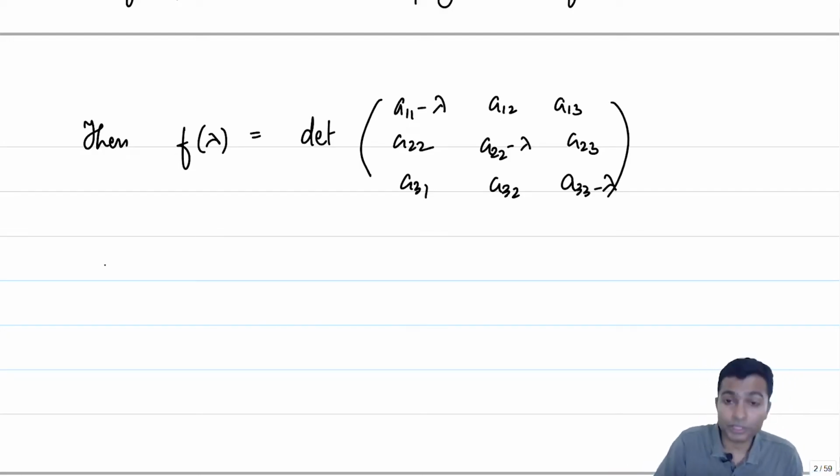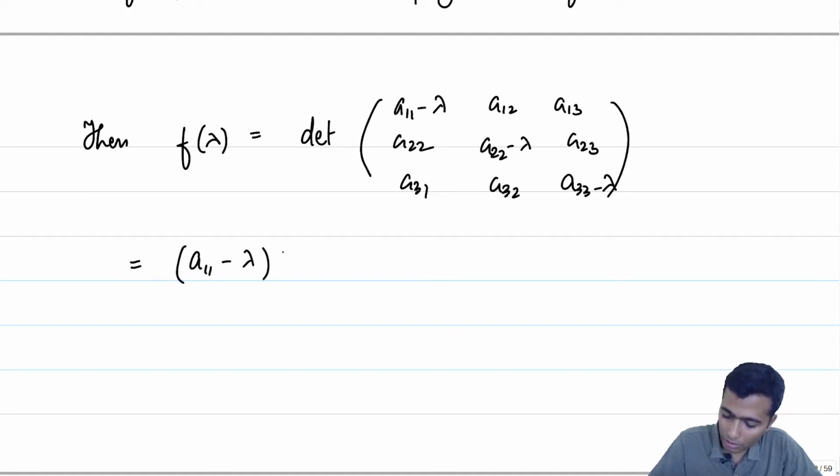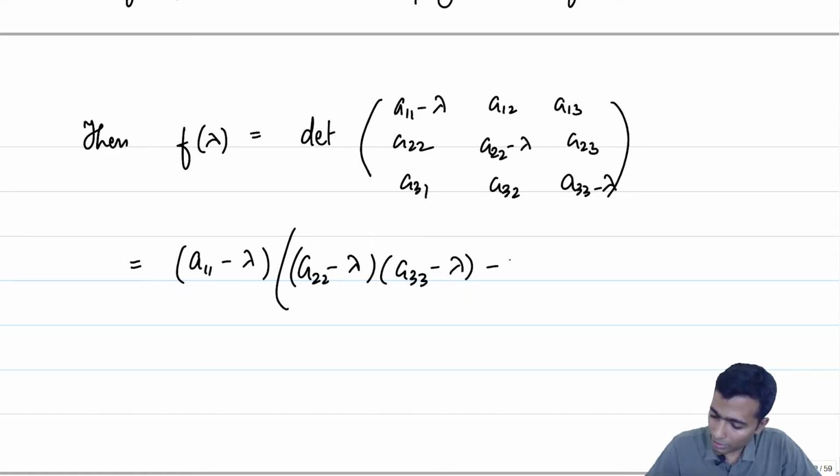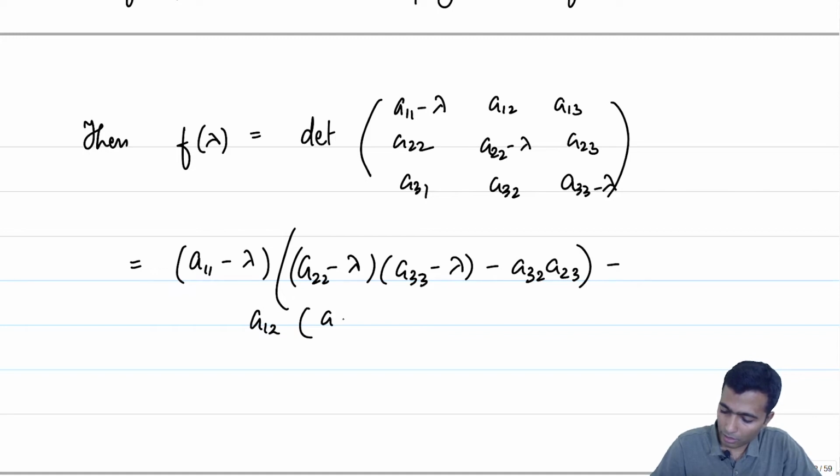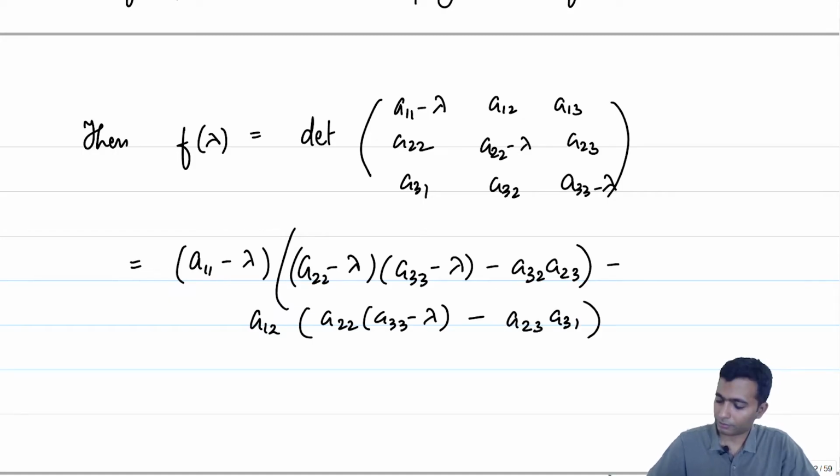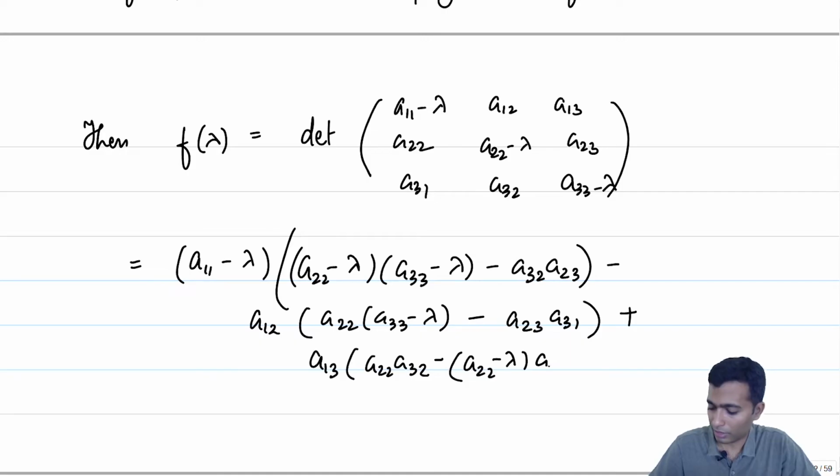If I write down the expression for the determinant using the cofactor expansion, this will turn out to be A11 minus lambda times the first cofactor, A22 minus lambda into A33 minus lambda minus A32 into A23, then minus A12 times A21 into A33 minus lambda minus A23 A31, plus A13 times A21 A32 minus A22 minus lambda into A31.